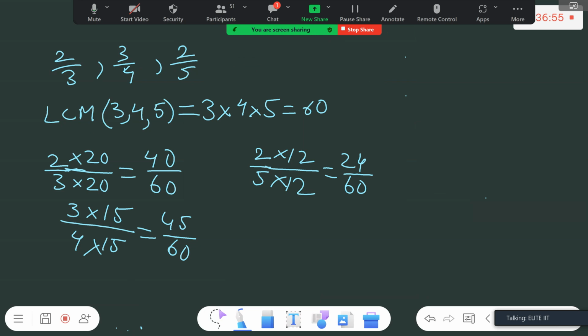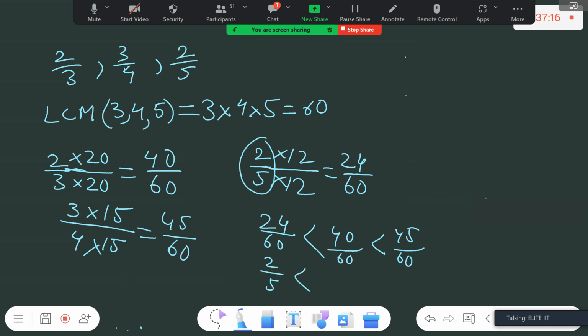Now see, if I want to arrange them all in ascending order, which is the smallest? 24 by 60 is less than 40 by 60, and it is less than 45 by 60. That is, 24 by 60 is 2 by 5, which is less than 40 by 60, that is 2 by 3, and less than 3 by 4.